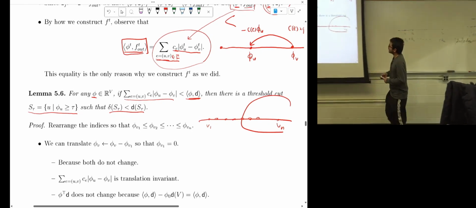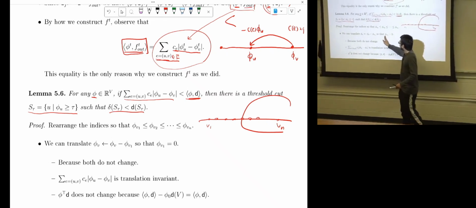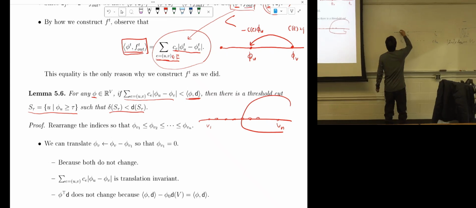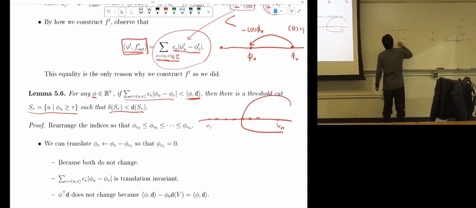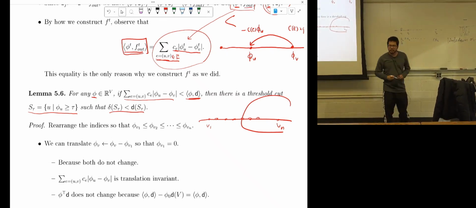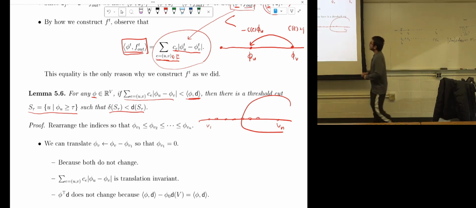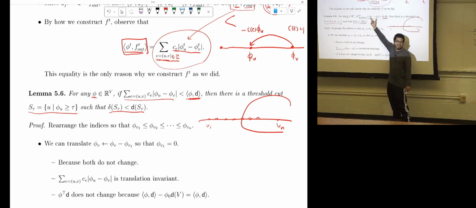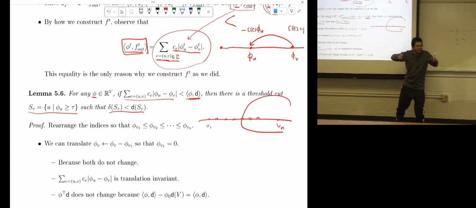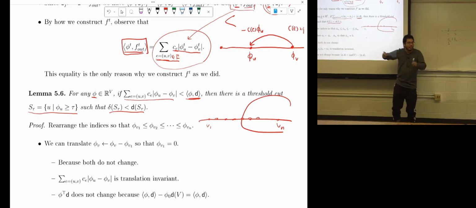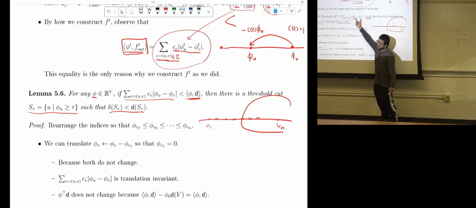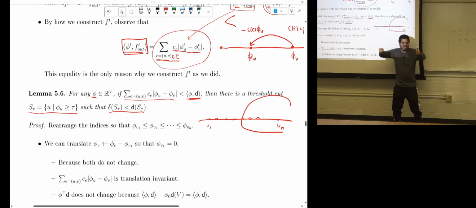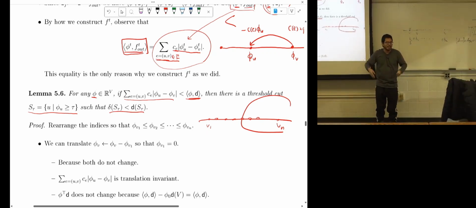And what we're going to do next is that I can actually assume that the potential at V1 is 0. Why is that? Because this term doesn't change at all when we translate everything by some constant. This thing just measures the difference between the potential of nodes U and V, so if I shift everything by something, it doesn't change.